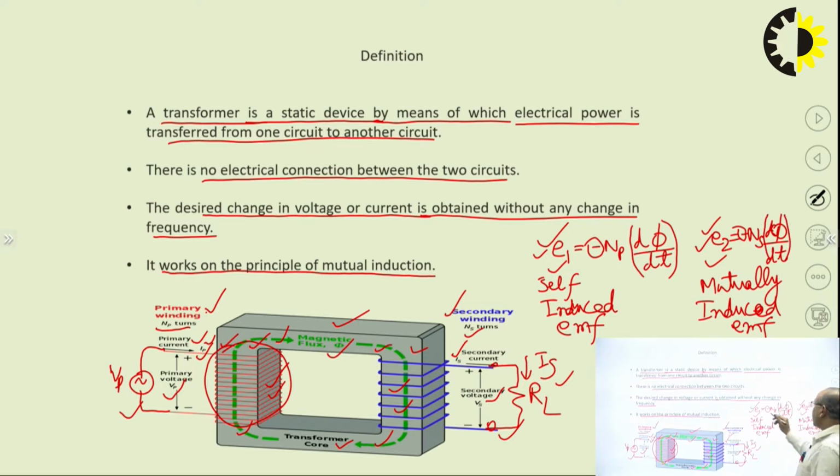So, this minus sign explains that the induced EMF on the primary and secondary side will oppose the very cause, which is the changing, time varying flux which is linked on the two sides. Due to that, this minus sign is there.